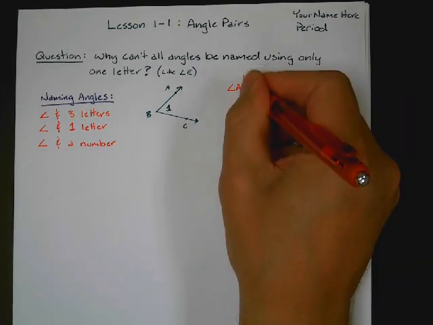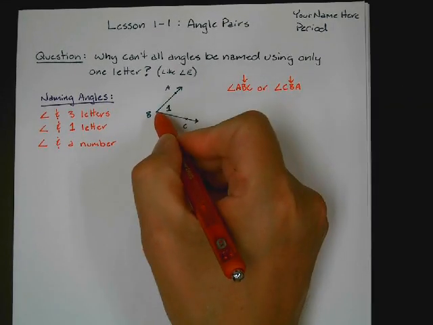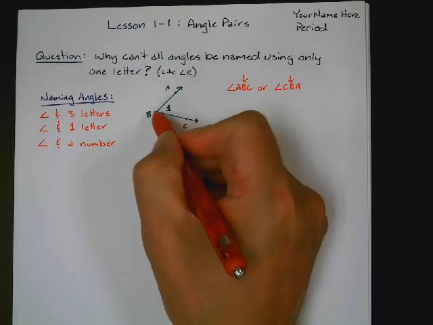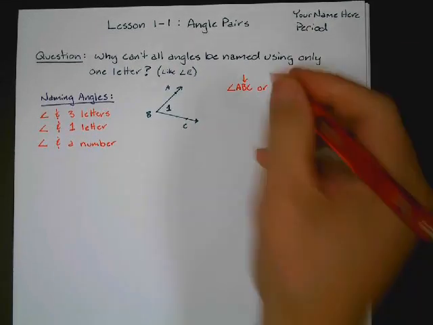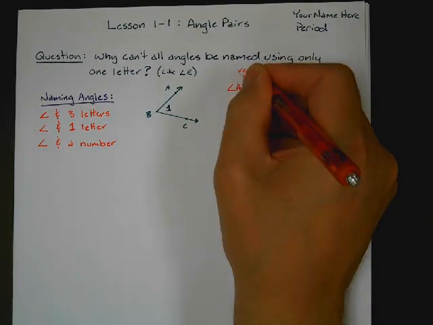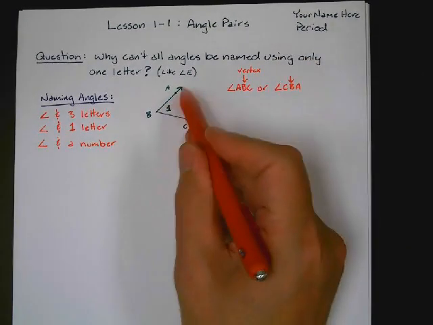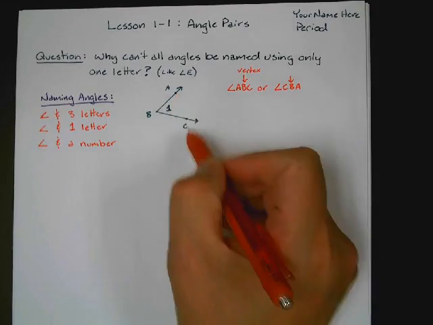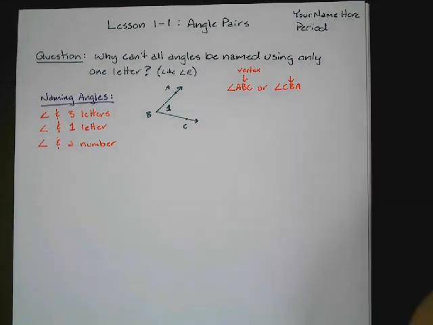The middle letter has to be the vertex. Okay, so this is our vertex. So we can go ABC or we can do CBA. So those both have to be the vertex. So on this ray on the side, you could use either A first or C first, it doesn't matter, but B has to be the middle letter.